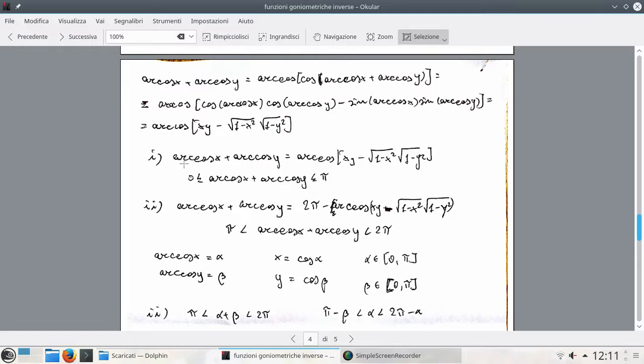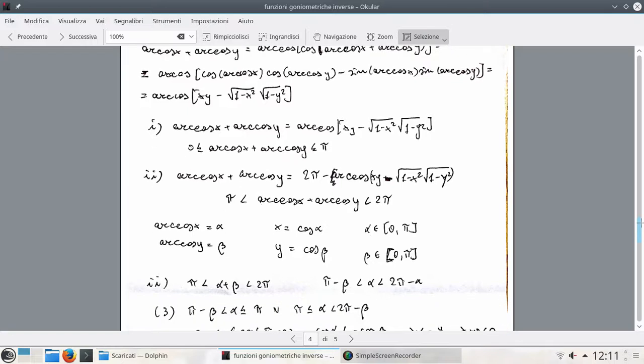So we have three kinds of equality. Two kinds, sorry, I got confused.